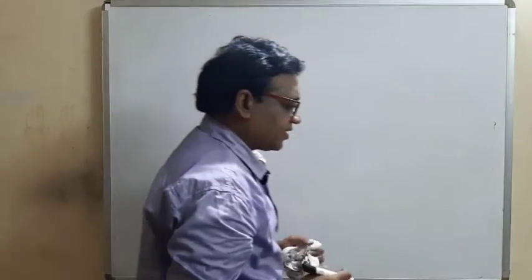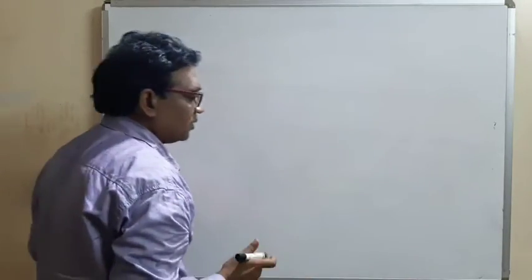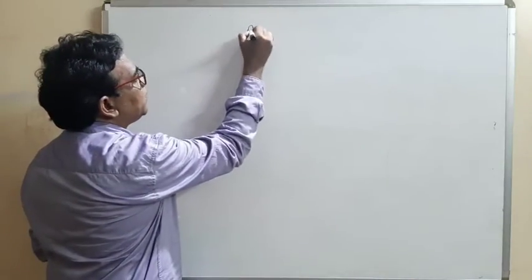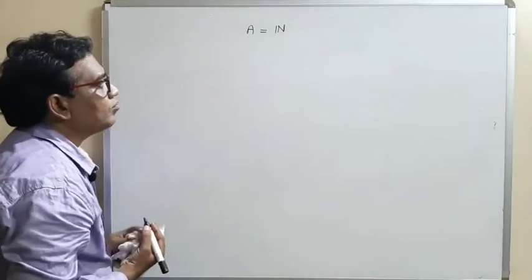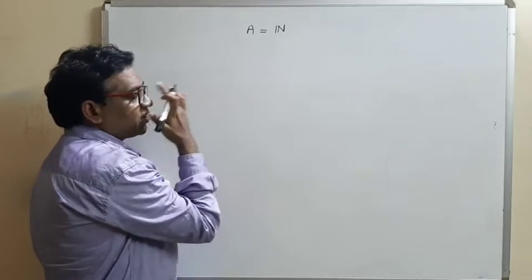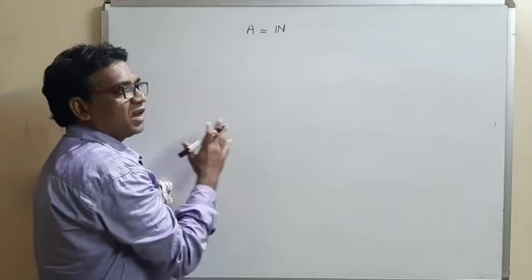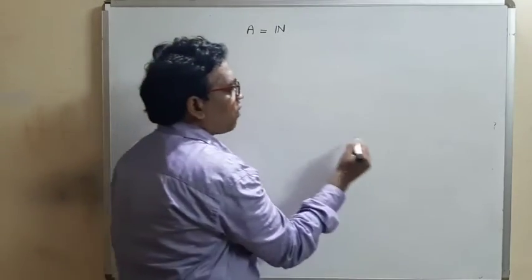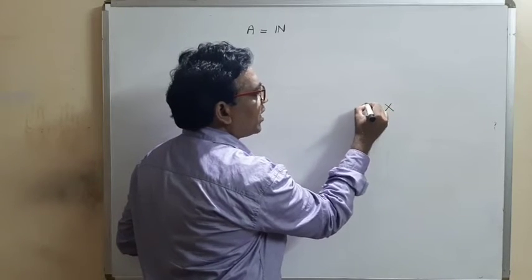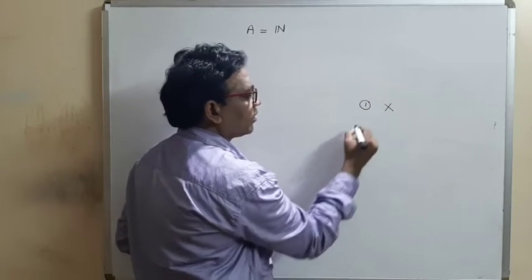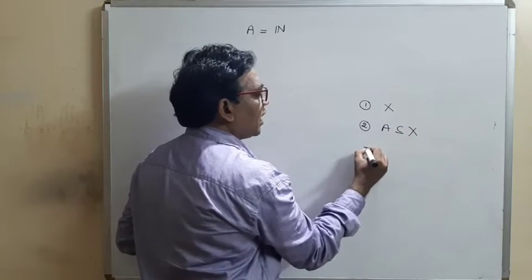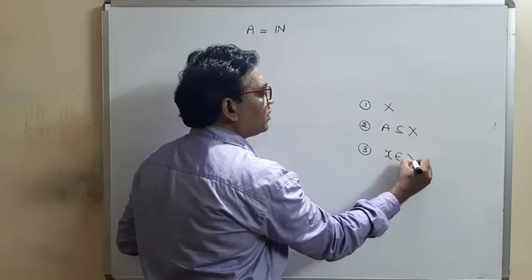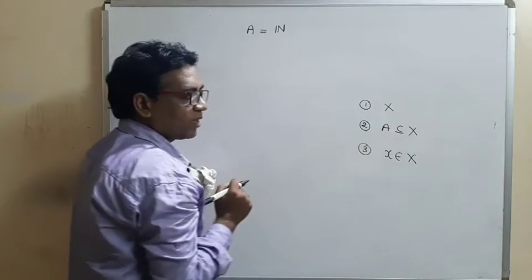Now consider the next example. Find the limit point of natural numbers. So see, once again I am going to explain what a limit point is. For a limit point, we require some space, we require some subset, and we require any point from the space.